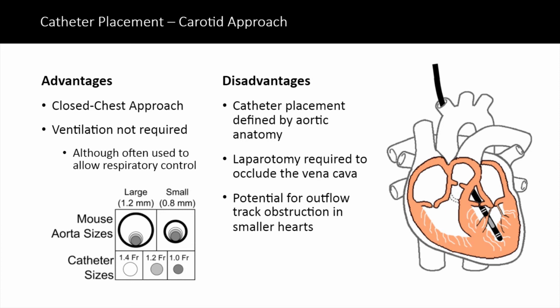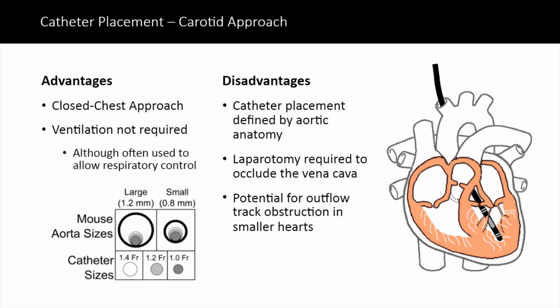And what we noticed is that there were some significant differences in the hemodynamics, especially the stroke volume and the end-diastolic volumes, of hearts where we came in through the carotid or through the aorta, and hearts we did through the apical approach, which we'll talk about next. And what we found is that even in some of these smaller hearts, we were getting what appears to be a significant amount of outflow tract obstruction by the catheter itself as it comes down through the aorta.